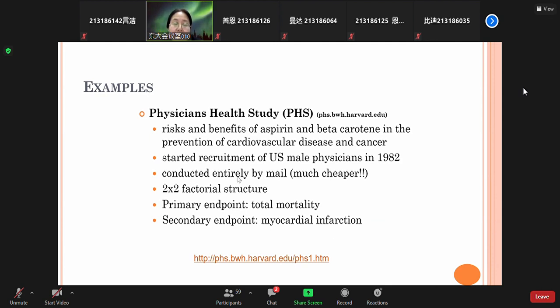In this study, they try to compare some drugs like aspirin and beta carotene, and compare the risks and the benefits, using a 2x2 factorial design. So you can go to the website and check the information for this clinical trial.